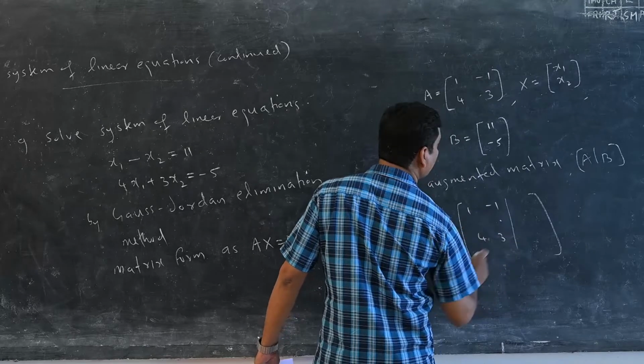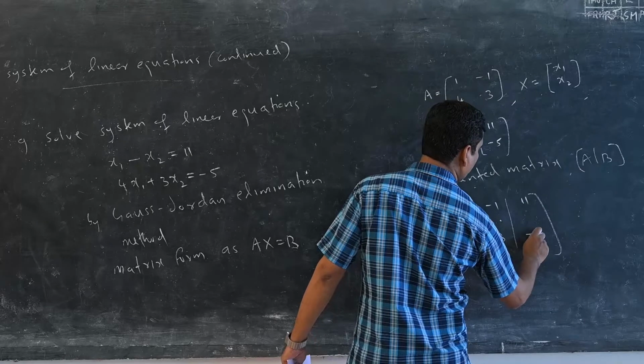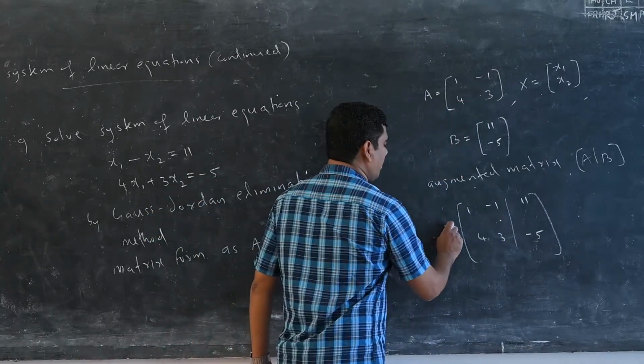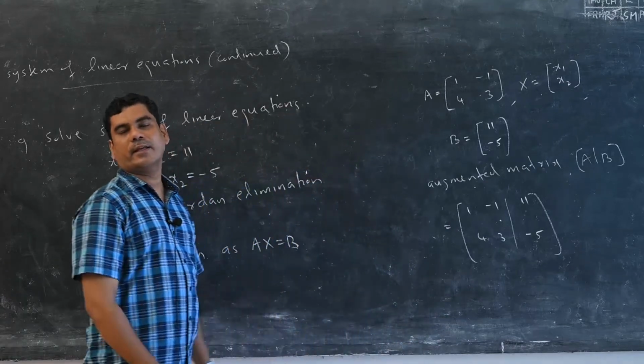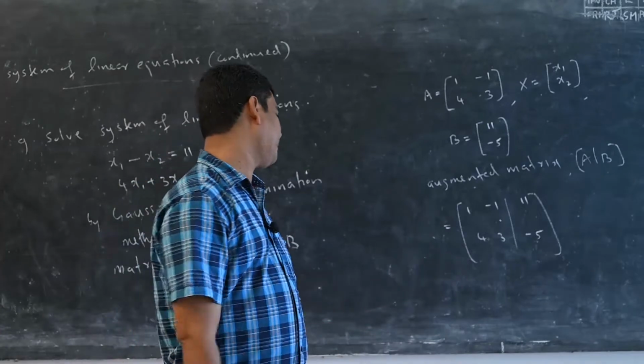Place the constant matrix B: 11, minus 5. Now we find the row reduced echelon form of this matrix.